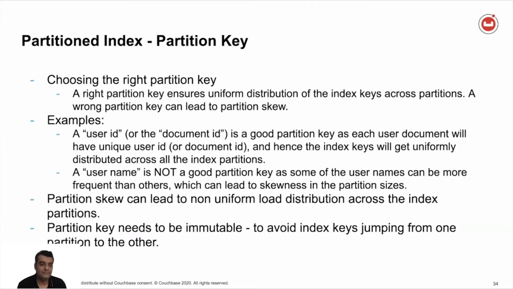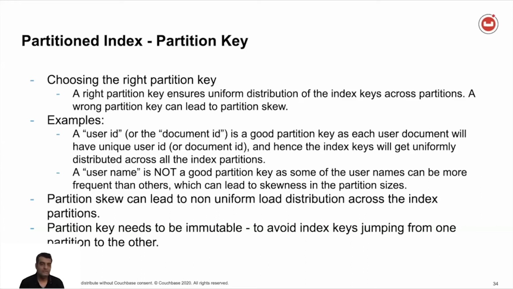Let's take an example of a user table, where user ID is the primary key in that particular table. In that case, user ID as a partition key is a good choice because each row will have its own user ID, and hence all the rows or all the documents will get distributed across multiple partitions uniformly.